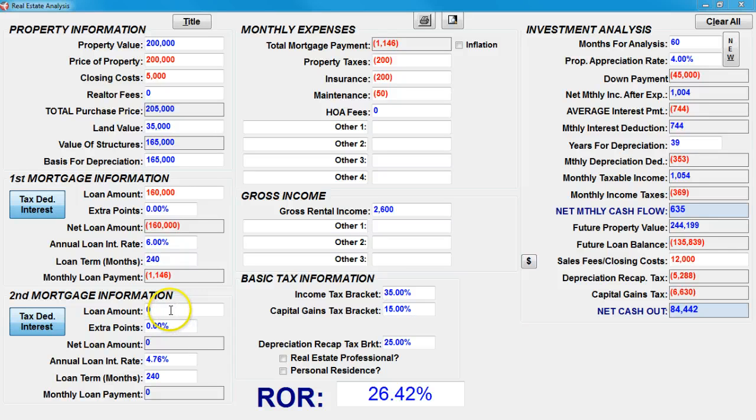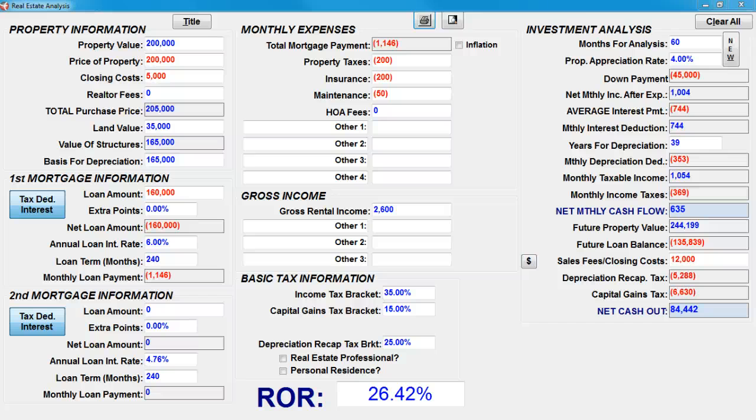So what I've done here is I've taken out the loan amount, this extra $40,000. Let's make sure that we lock this right here. Lock this number in your mind. We have a 26.42% return on the money as it stands now, which is a pretty good deal.